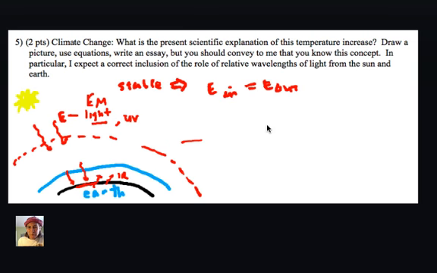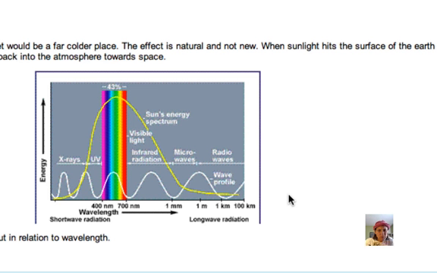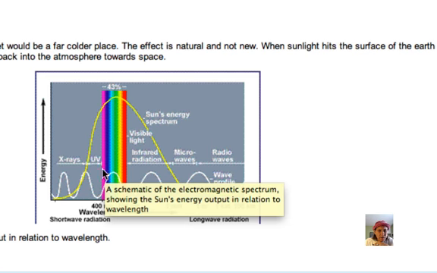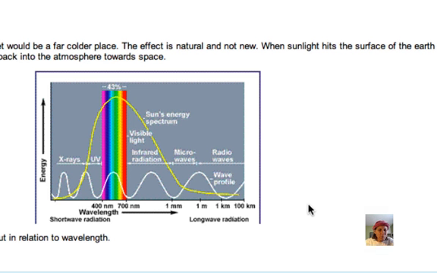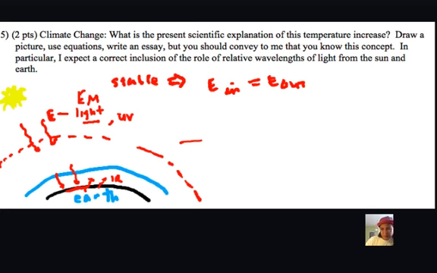So if you were to look at the electromagnetic spectrum, here's a brief spectrum of the solar radiation. Here's energy versus wavelength, and you can see that you have ultraviolet, visible, and infrared radiation from the sun coming from outer space. So we have UV in.